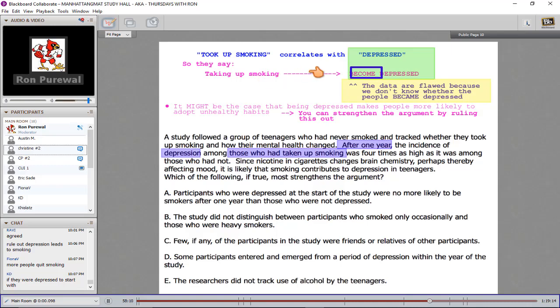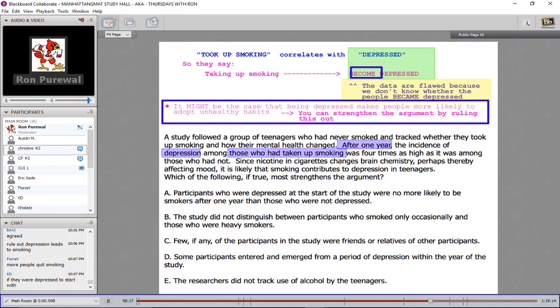you can also think about it like this too. Because people who are already depressed would mean it's much more likely that the argument goes the other way. So in fact, you could view it either way of those two. If the depressed people were already depressed, then the direction of cause and effect is the other way.